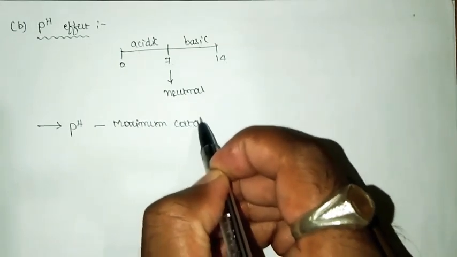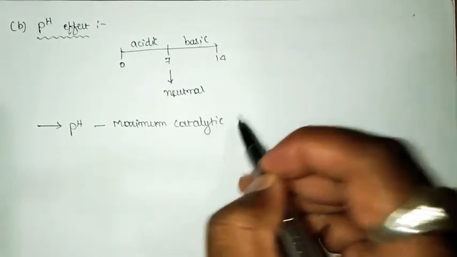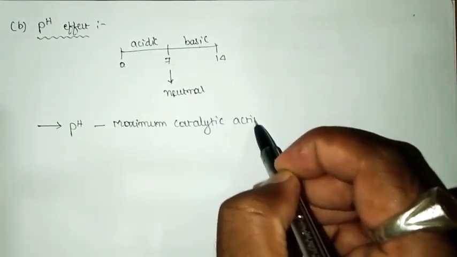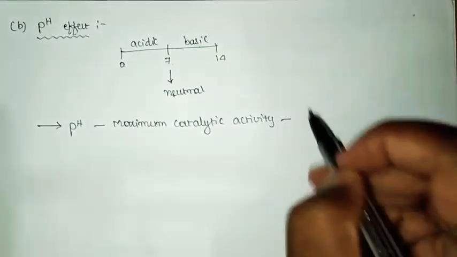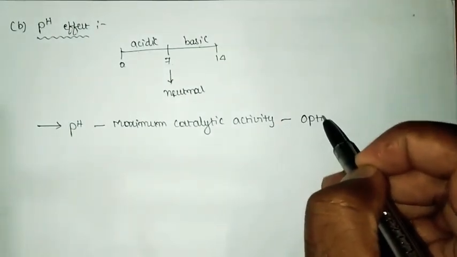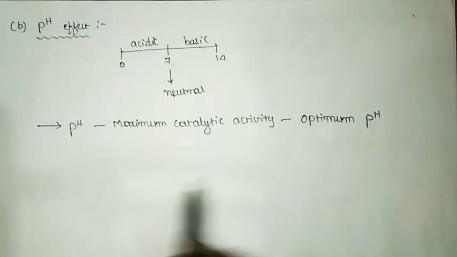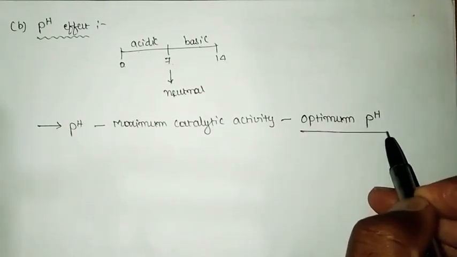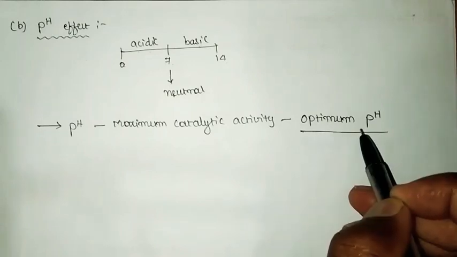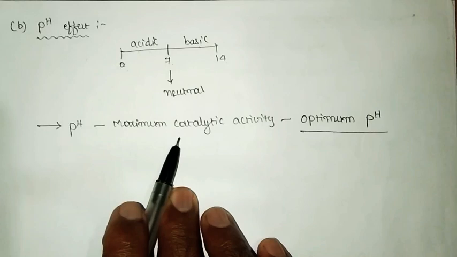The pH at which an enzyme shows maximum catalytic activity is simply called the optimum pH of the enzyme, and at that optimum pH, the enzyme will show greater catalytic activity.